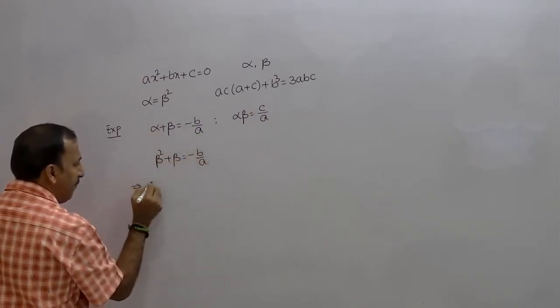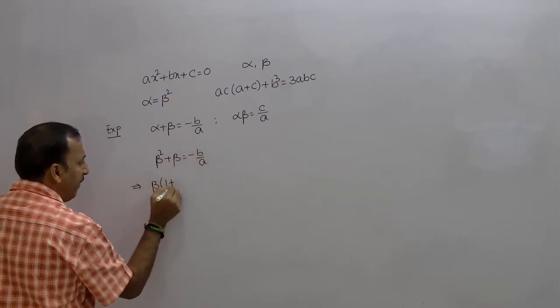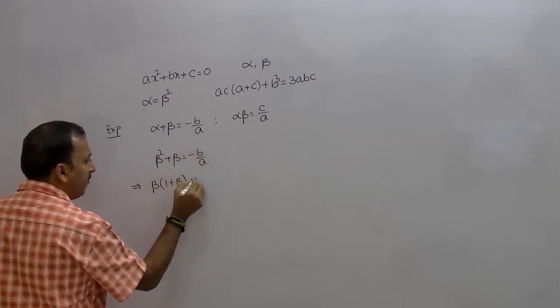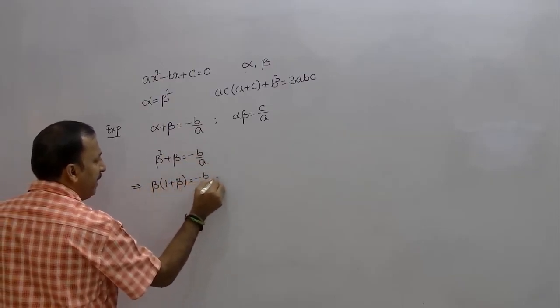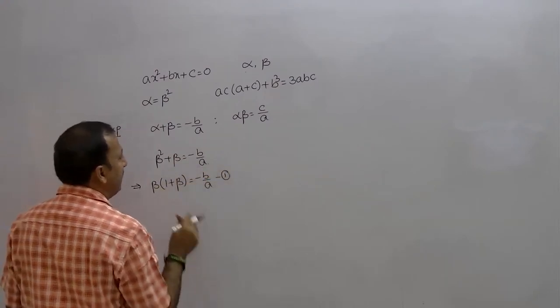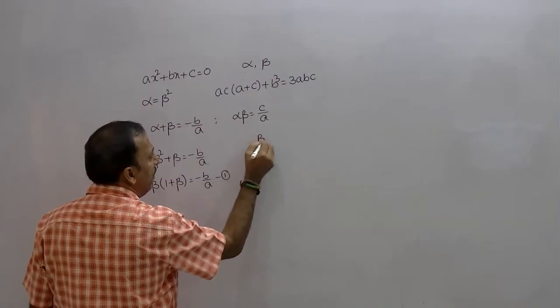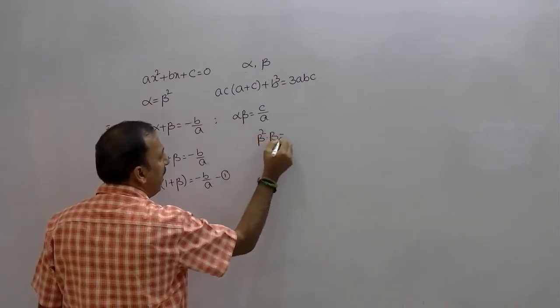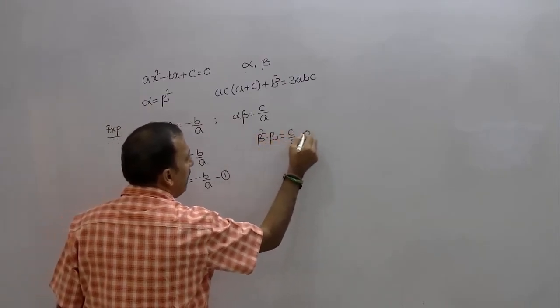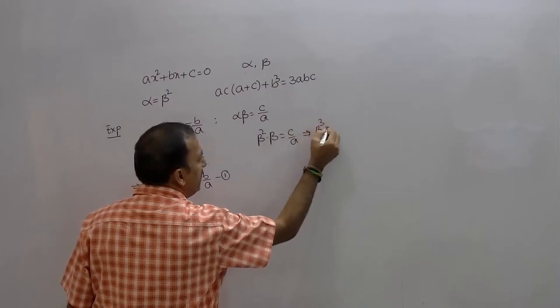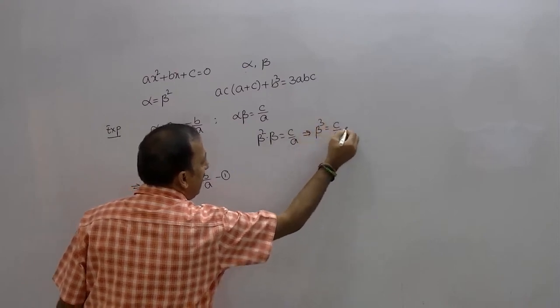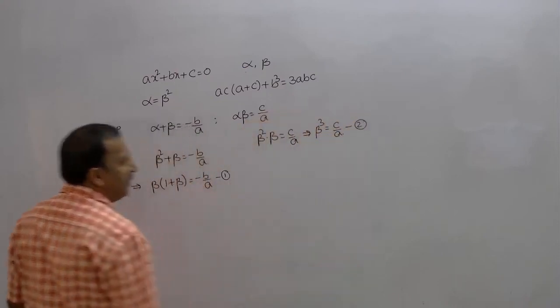That implies beta into (1 plus beta) is equal to minus b by a. We will take it as the first equation. So put alpha is equal to beta square in this. So beta square into beta is equal to c by a. That implies beta cube is equal to c by a. It is the second equation.